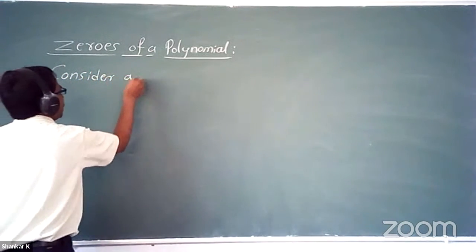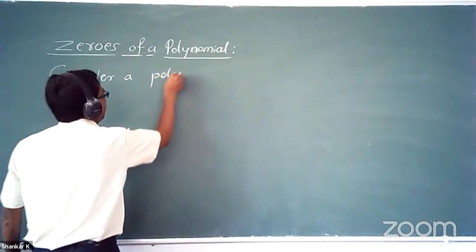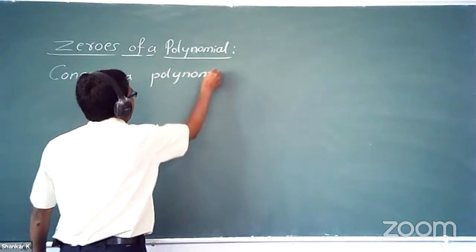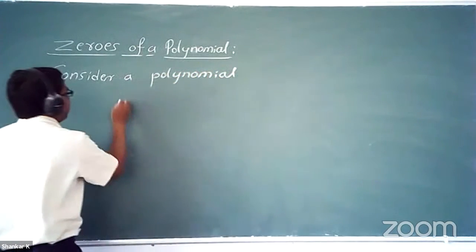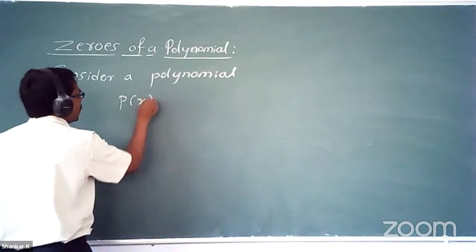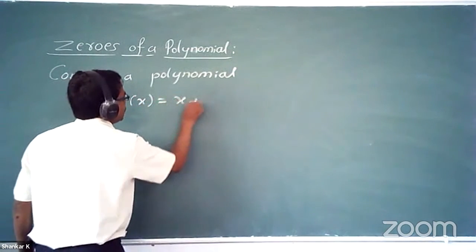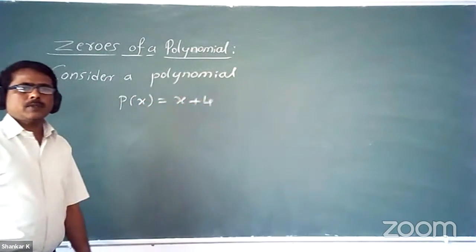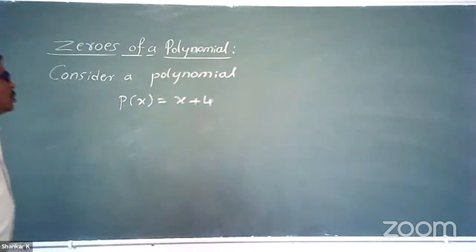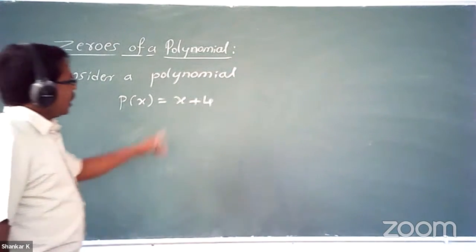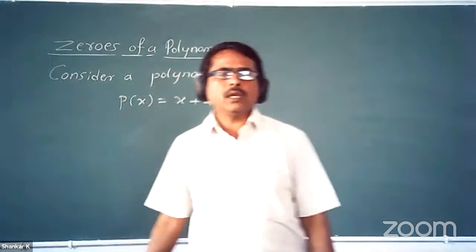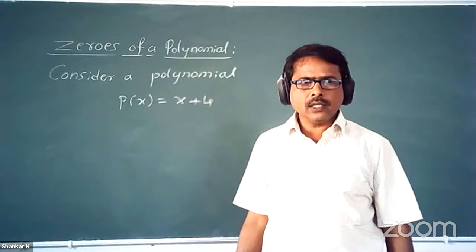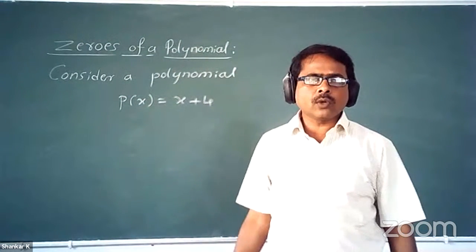Consider a polynomial p of x equal to x plus 4. So here, for what value of x is the polynomial value 0?